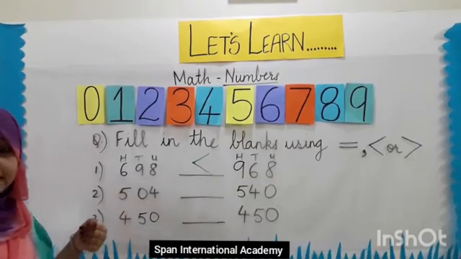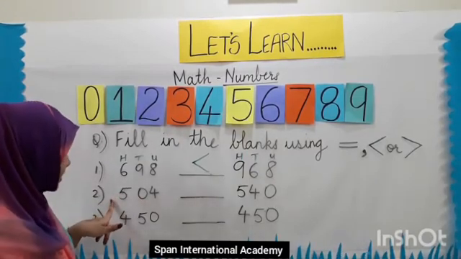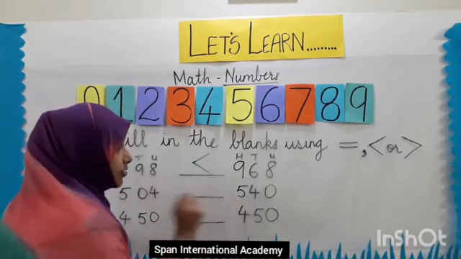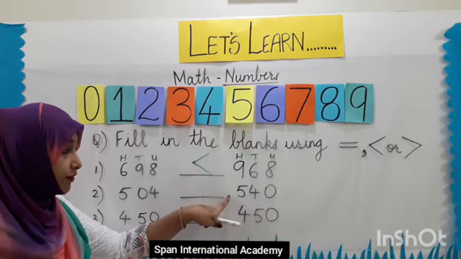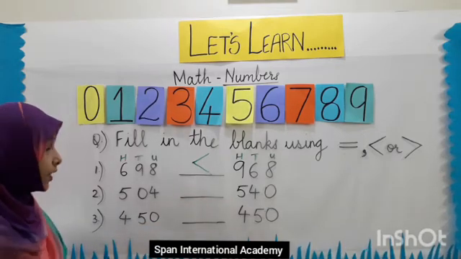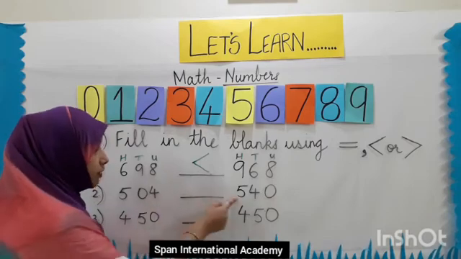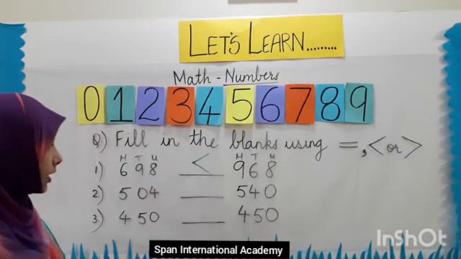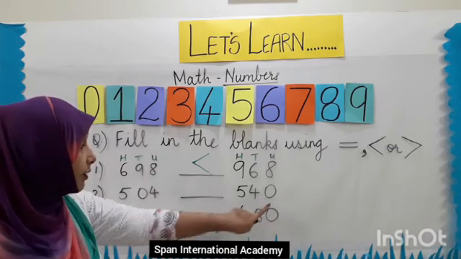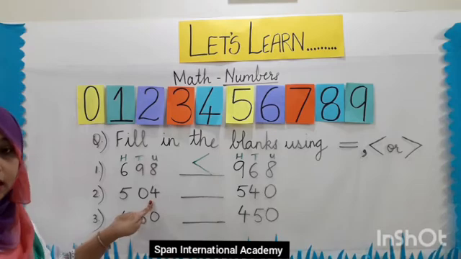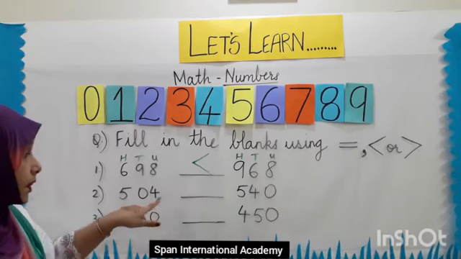Now our second example. It is 504. And the next number here that we have to compare it with is 540. So which number is greater? Yes, you all will again compare. Units, units. So you have 4.